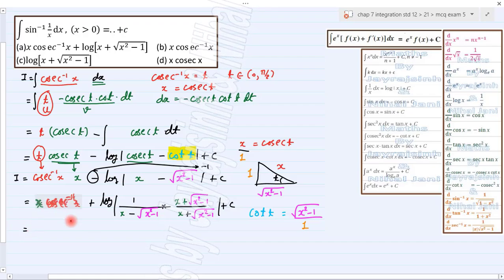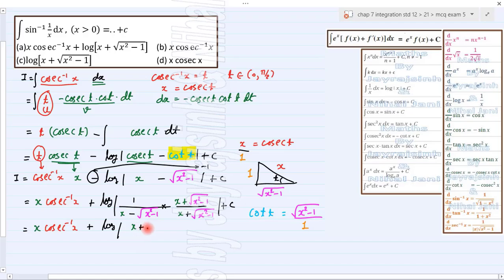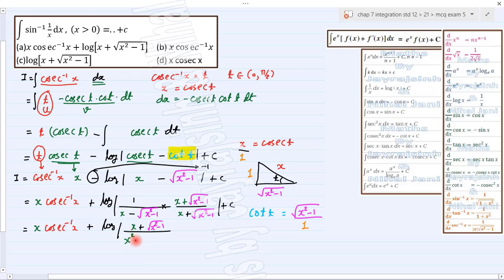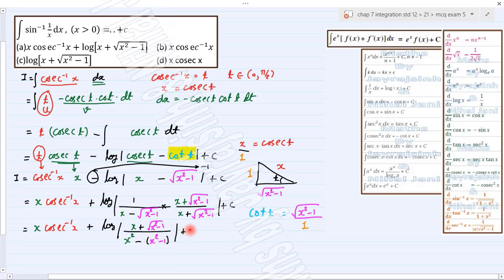Still, your first term will remain as it is plus log of, in numerator we will get x plus under root of x square minus 1, and in denominator we have a minus b and a plus b form, which will give us a square minus b square, or we can say x square minus under root of x square minus 1 the whole square, or we can say x square minus x square minus 1 plus c.